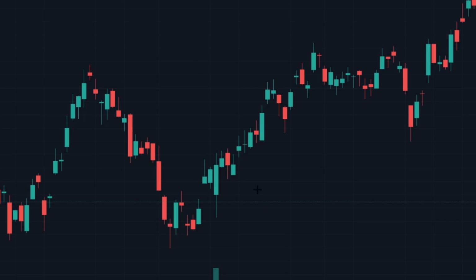An example. We are where we were at the beginning of the video, and the pattern we are looking at is this one right here. As you can see, prior to this pattern, we had an upwards movement, and that was a requirement for the pattern.